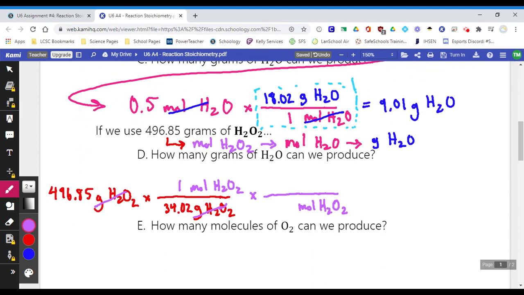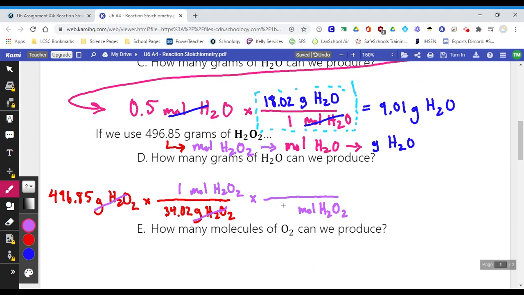So I go down here. 2 moles of H2O2 can be used to make 2 moles of H2O. Okay, which is this mole-to-mole ratio right here.